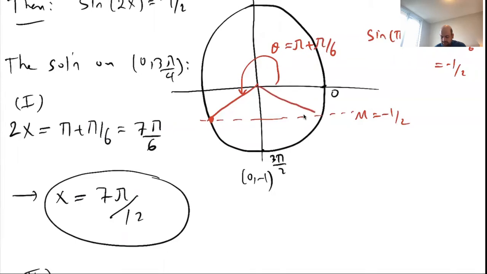Because the other solution will be, if you want sine to be minus 1/2, you could be here as well, which is 2 pi minus pi over 6.